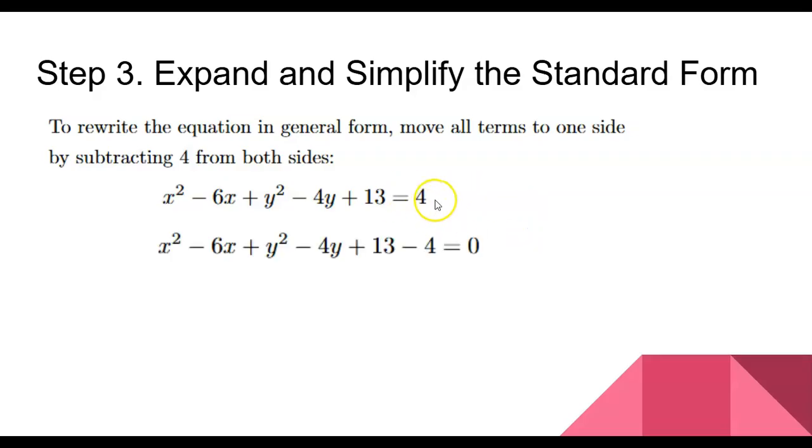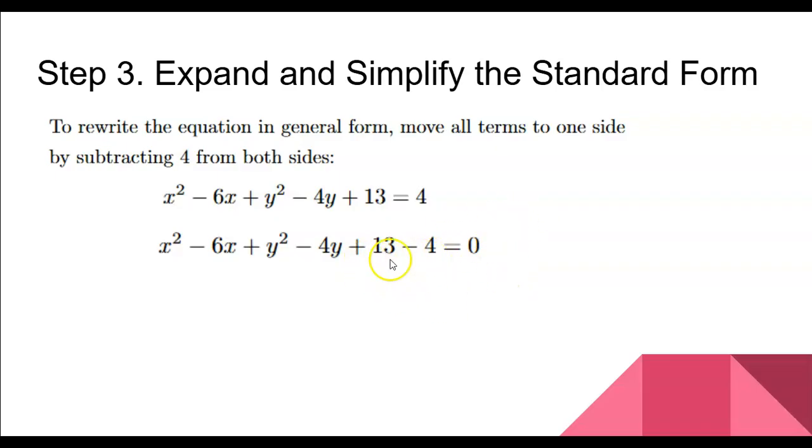So 4 minus 4 is 0, and then copy all the terms here. So we have x squared negative 6x positive y squared negative 4y positive 13 minus 4. So again, all terms must be at the left side, and we only have 0 at the right side.